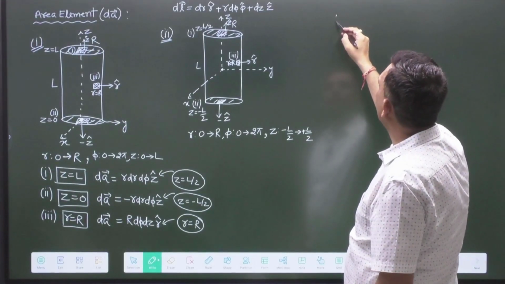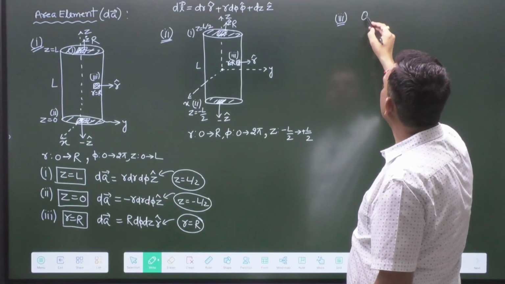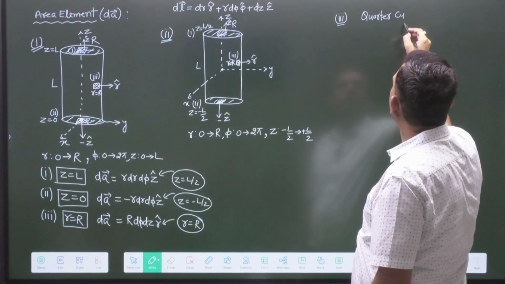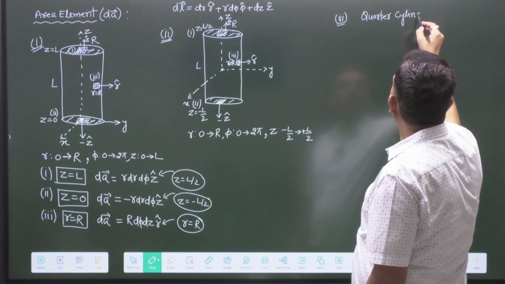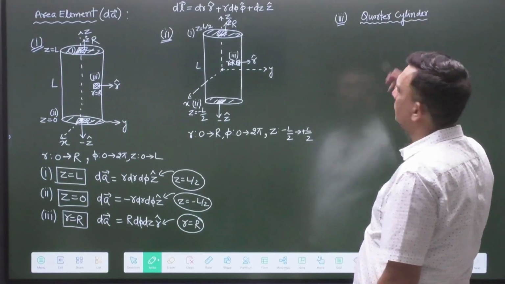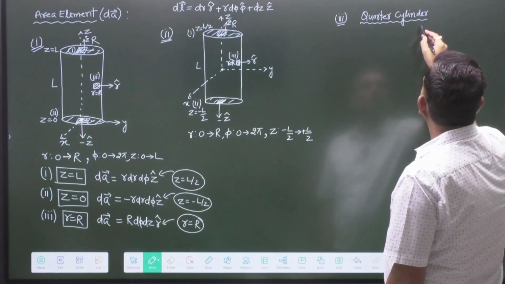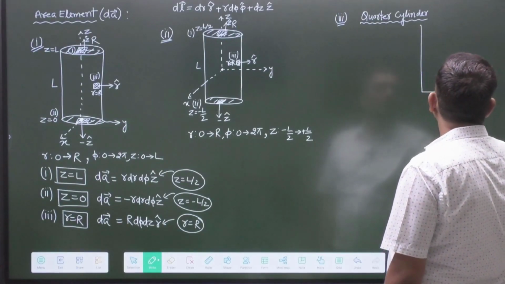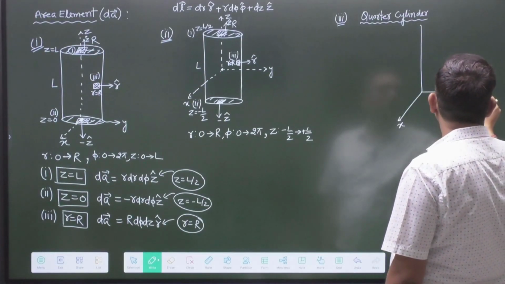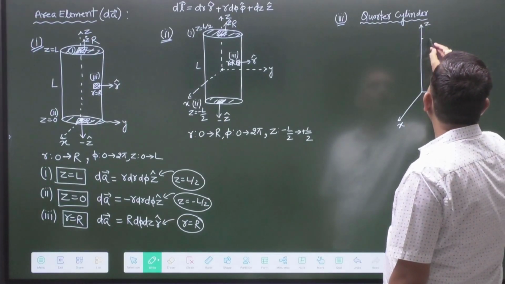Now the third example I am taking, let's call it a quarter cylinder. This is x, y and z.